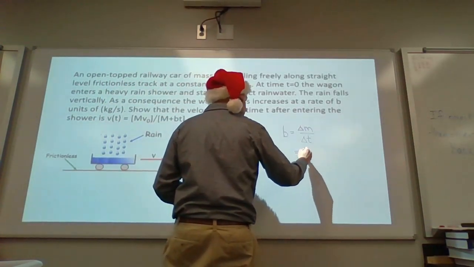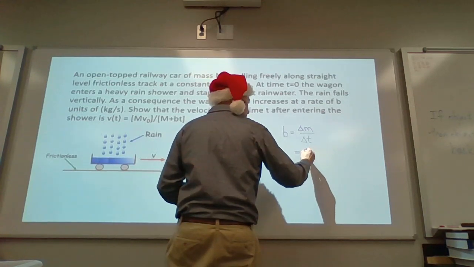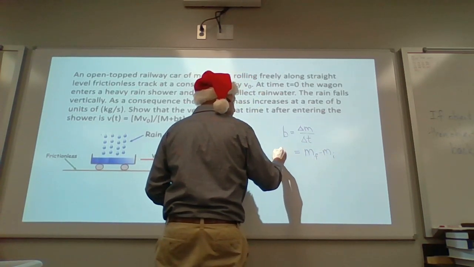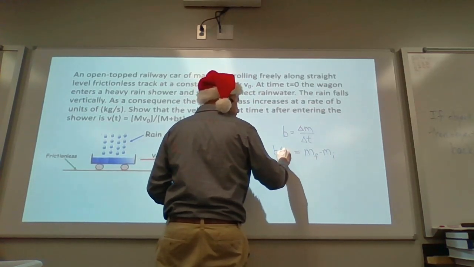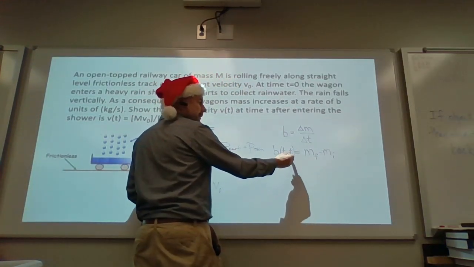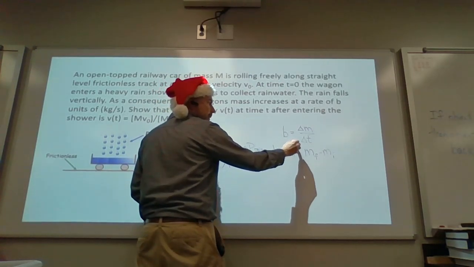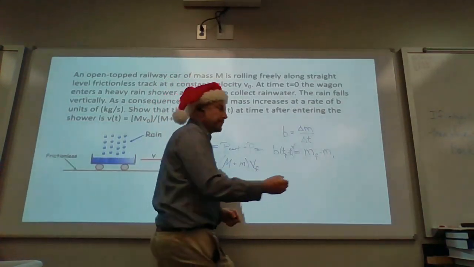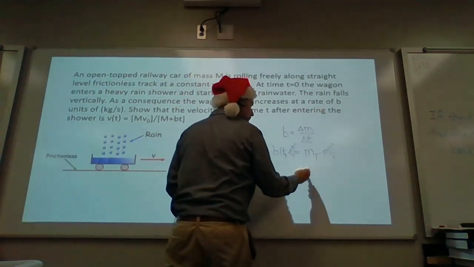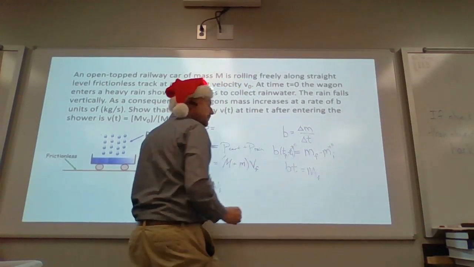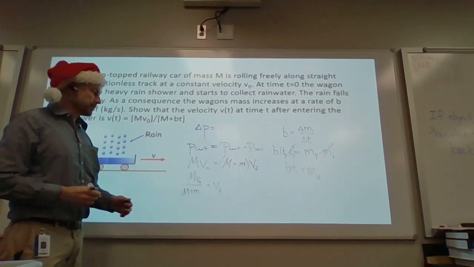So if we say time is equal to 0 initially, and there is no rain in the cart initially, the mass of the rain is equal to the rate times the time.